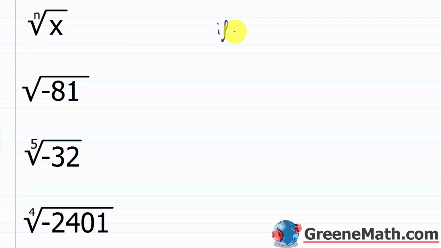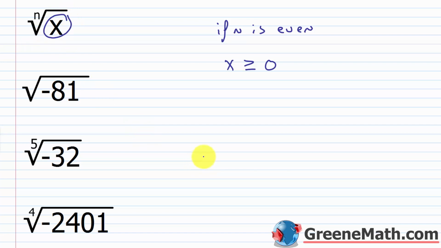So if n is even, then I have to assume that x is greater than or equal to 0. Otherwise, I'm allowing for the possibility of a non-real solution, okay? So you have to be very careful, and you might not have something that's just x. You might have an expression there, which we'll see in a moment.